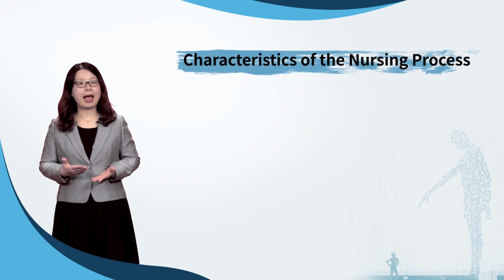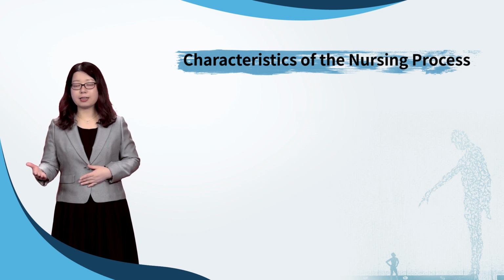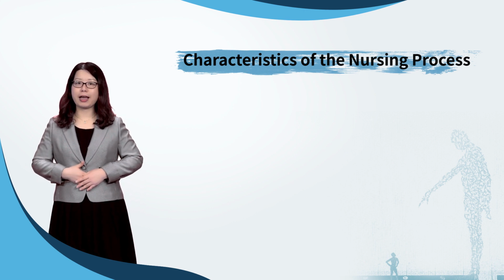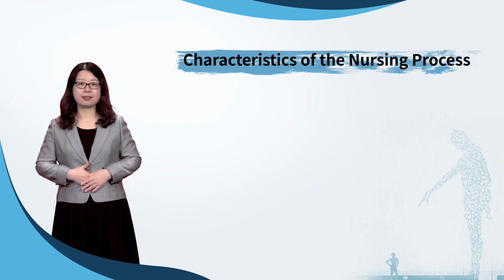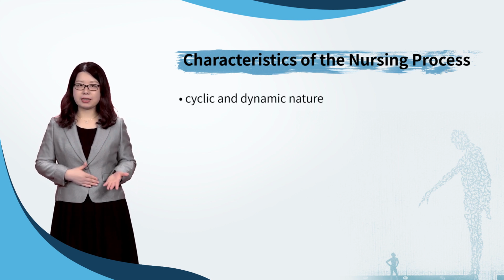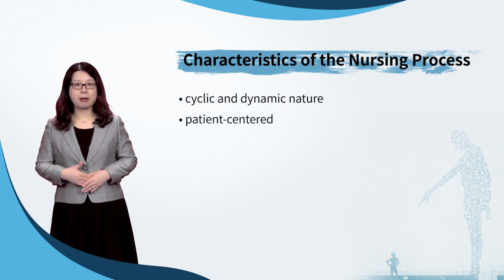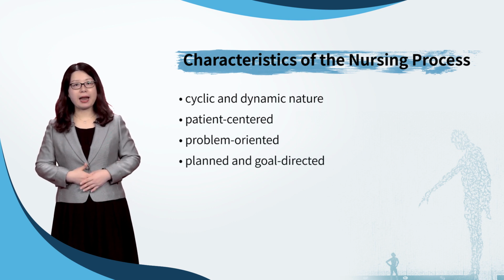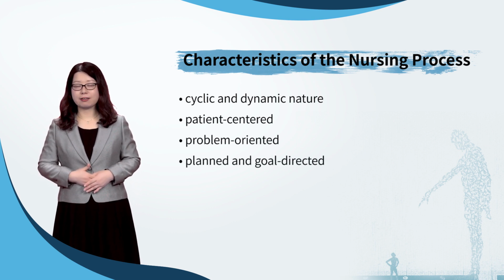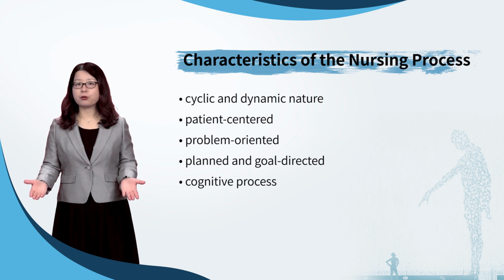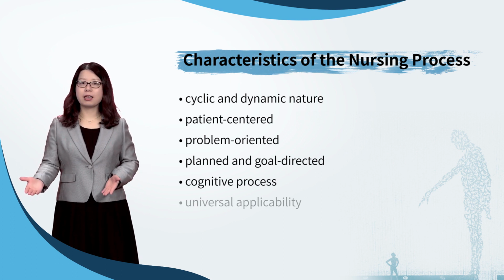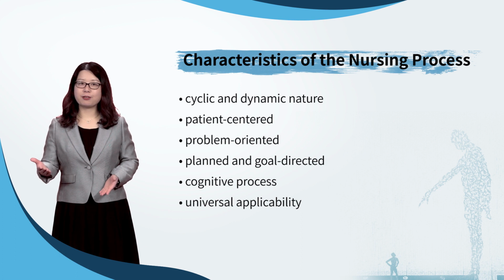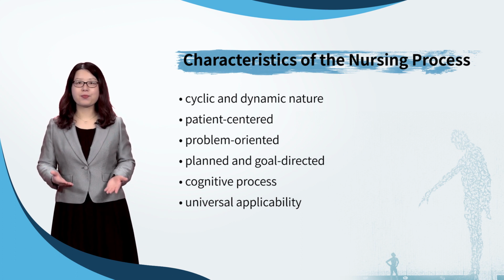Nursing process has distinctive characteristics that enable nurses to respond to the changing health status of the patient. These characteristics are cyclic and dynamic nature, patient-centered, problem-oriented, planned and goal-directed, focused on problem-solving and decision-making, and its universal applicability.